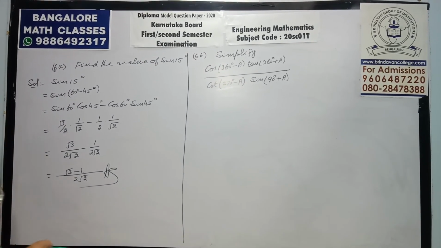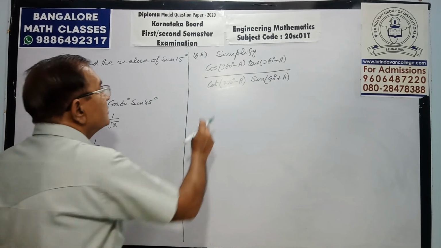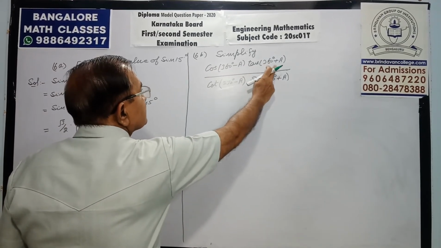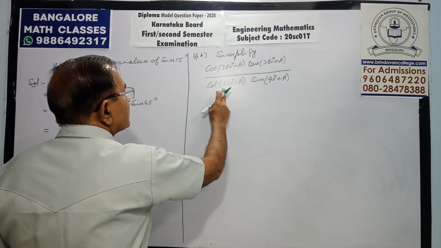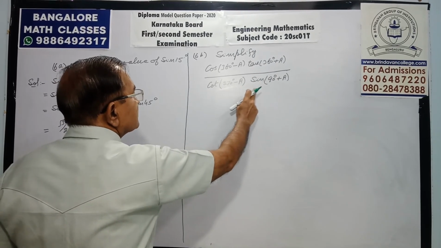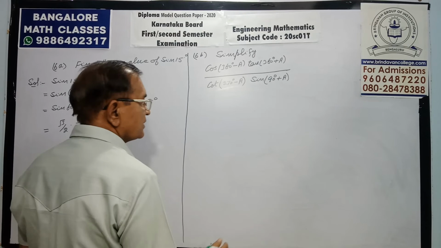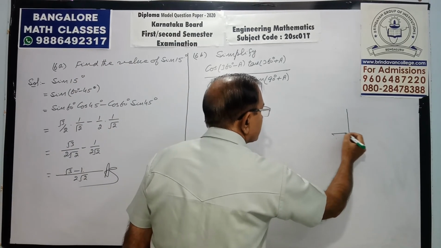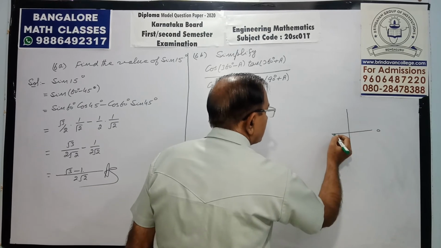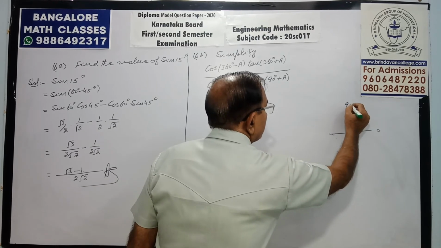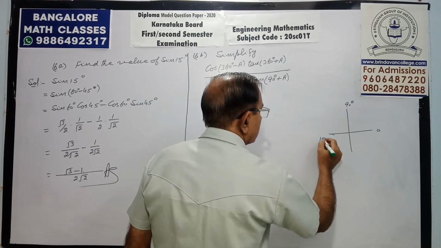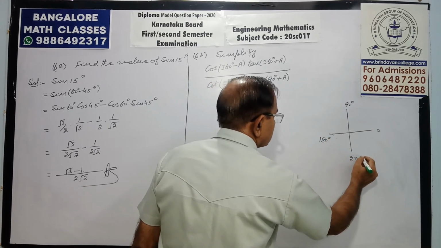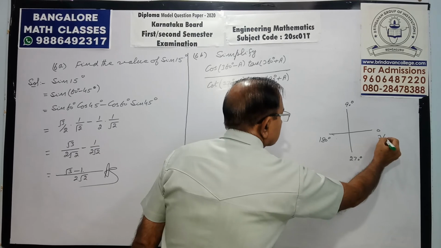6B, simplifying cos 360 minus A, tan 360 plus A, cot 270 minus A, sin 90 plus A. This sum is related to again the quadrants 0, 90 degree, 180 degree, 270 degree, 360.